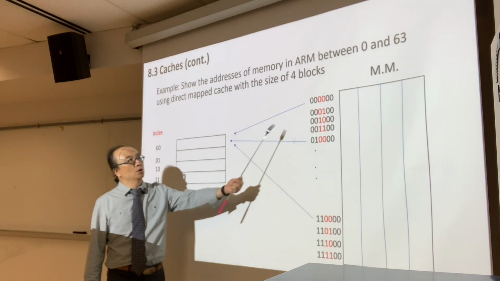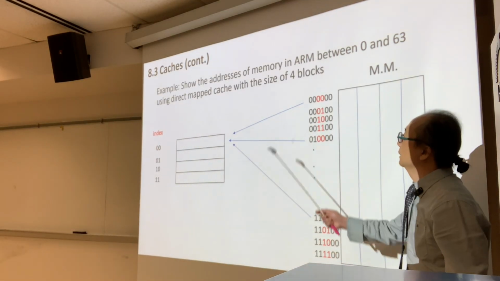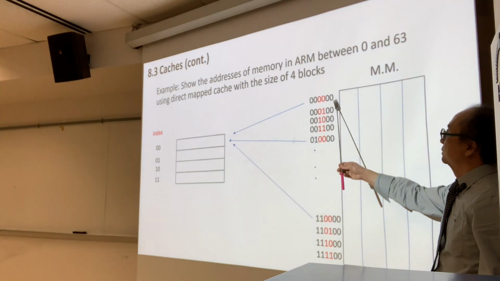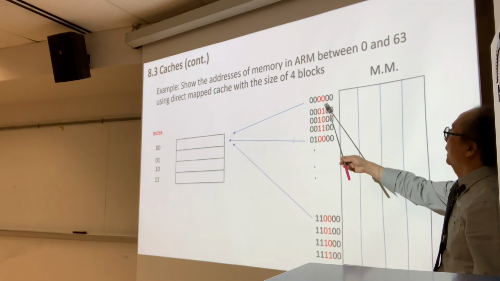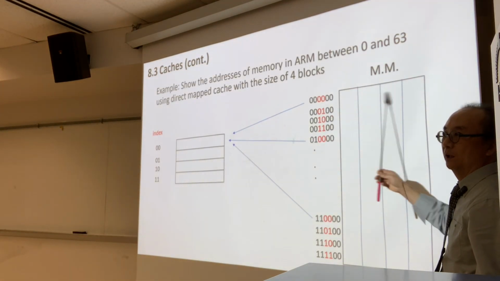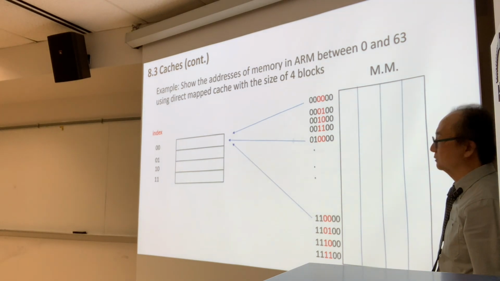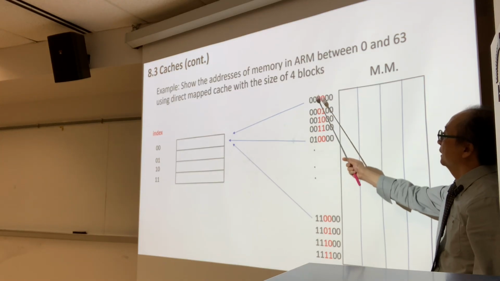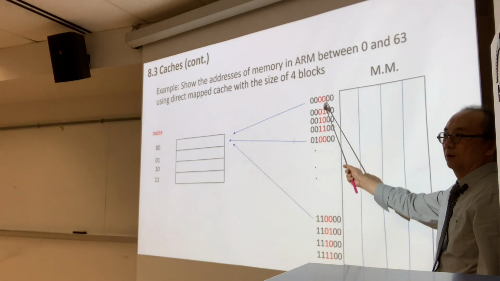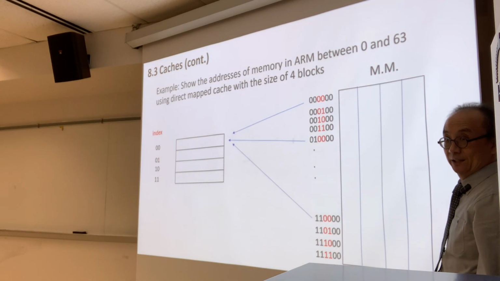So the lower 2 bits, we're going to call the offset. This lower 2-bit is the offset, where we are within the byte addressing. We'll see this again a little bit later. And the middle 2 bits, we said, are the index.